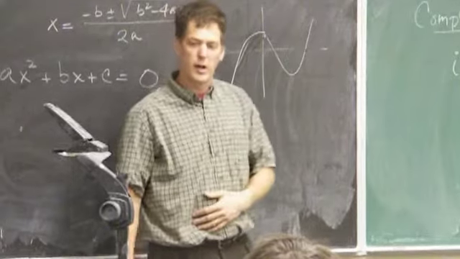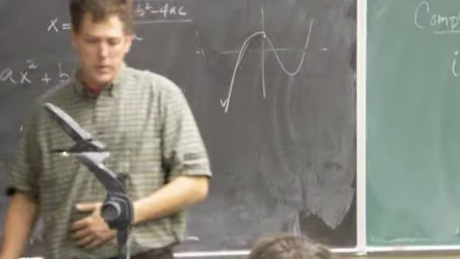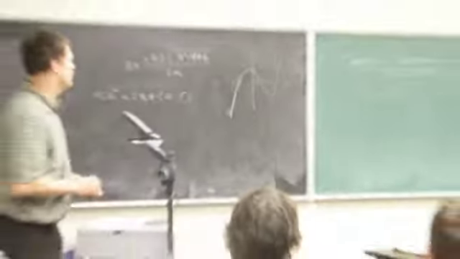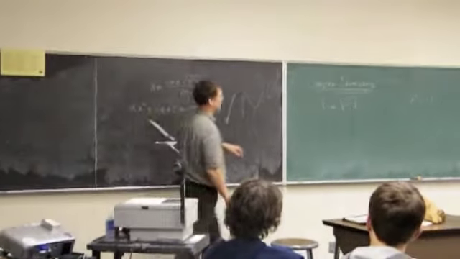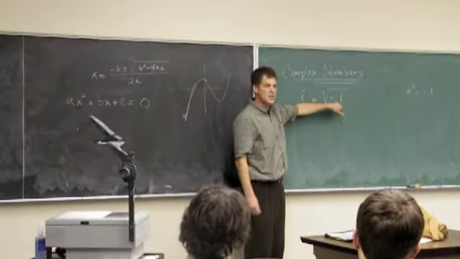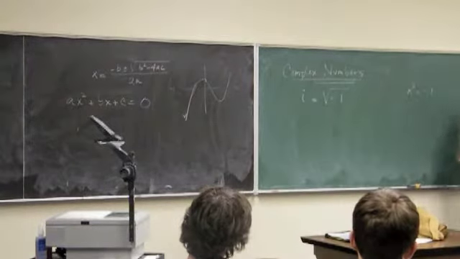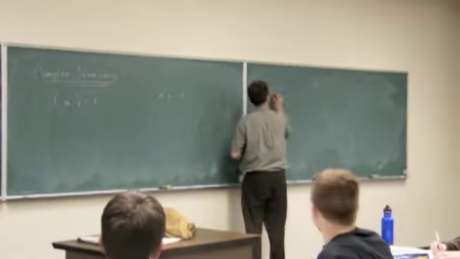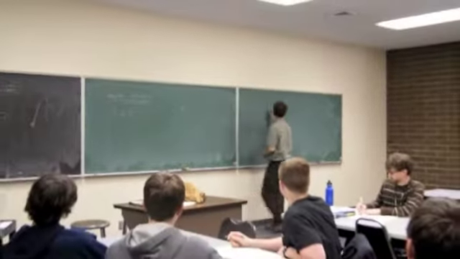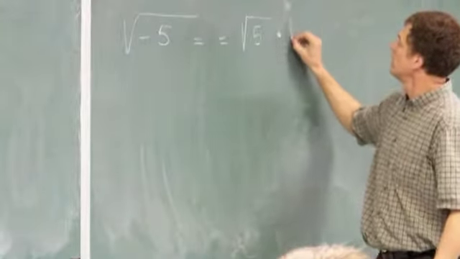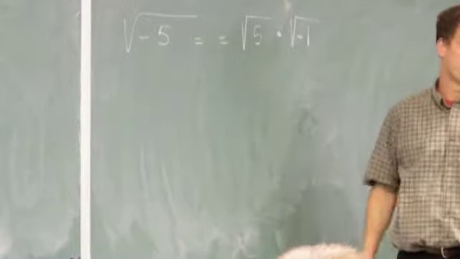And it was kind of freaking people out for a while until someone just said, hey, let's just say that there is something like this. So consequently, the square root of negative 5, for example, we'll just think about that as equal to the square root of 5 times the square root of negative 1.